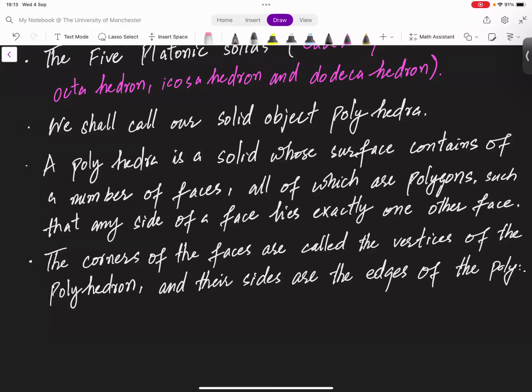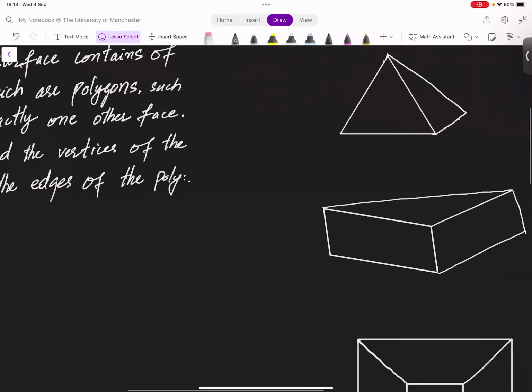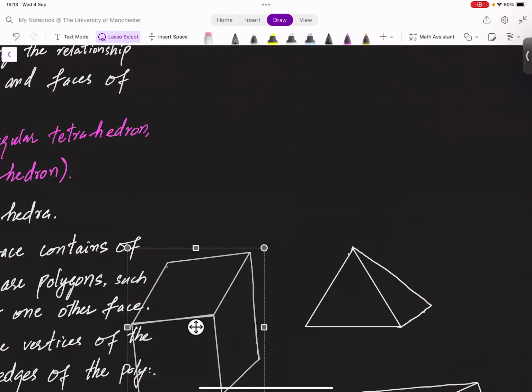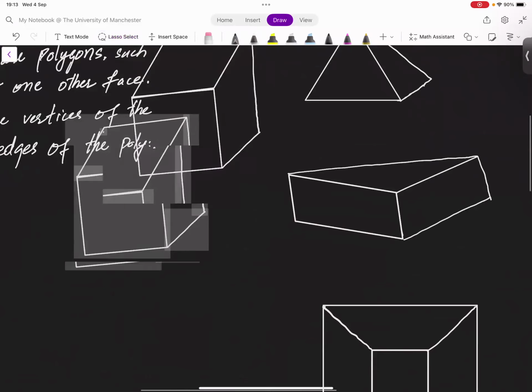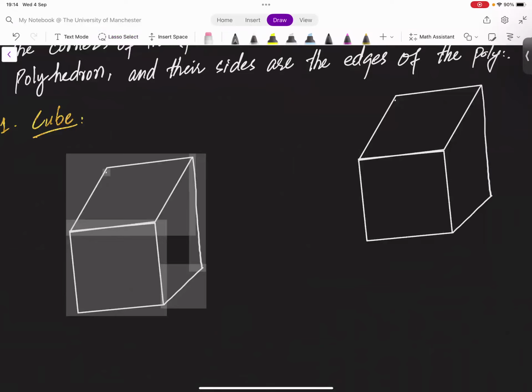Now, here are some examples of polyhedra. Number one, we have a cube.